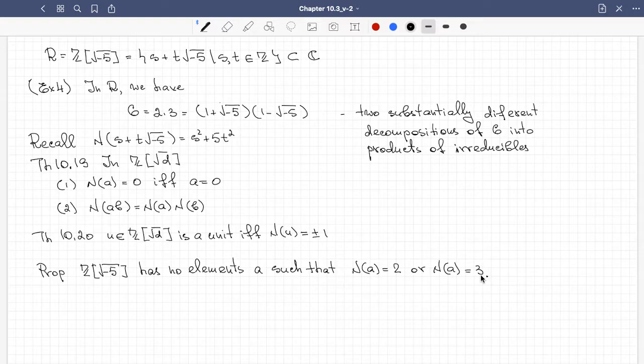This is example 3 in the book, where this is discussed.